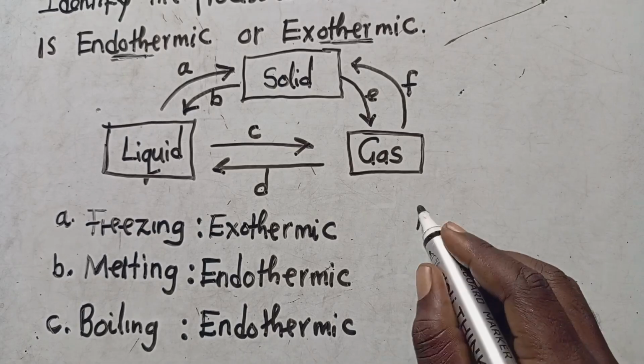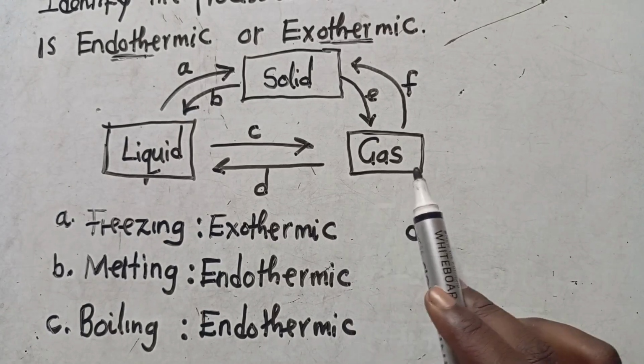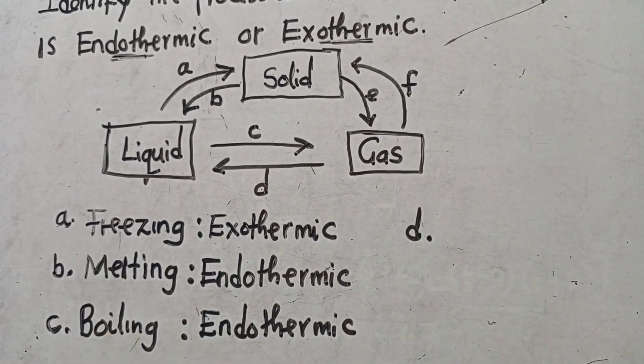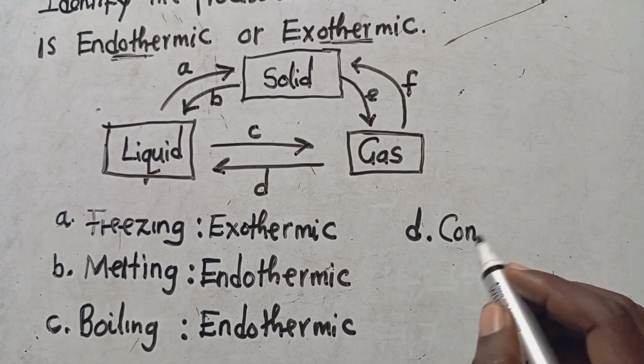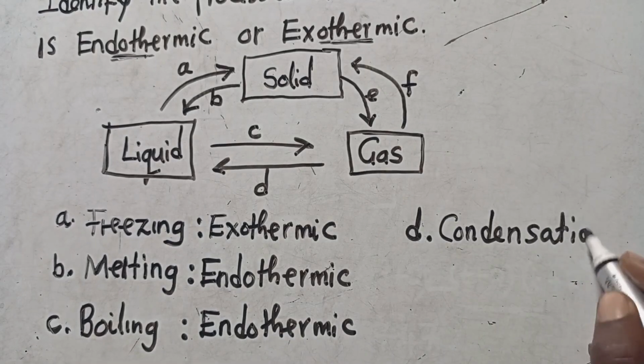We move to D. What is D? We've got now a gas that is changing to a liquid. Gas to liquid is called condensation. So condensation, is it endothermic or exothermic?